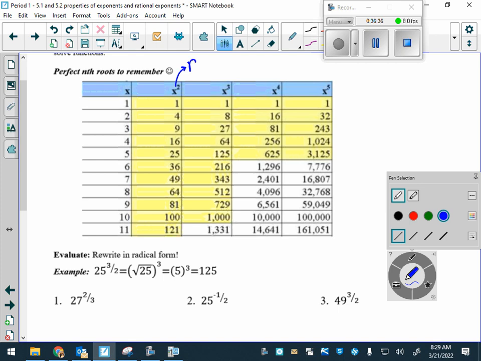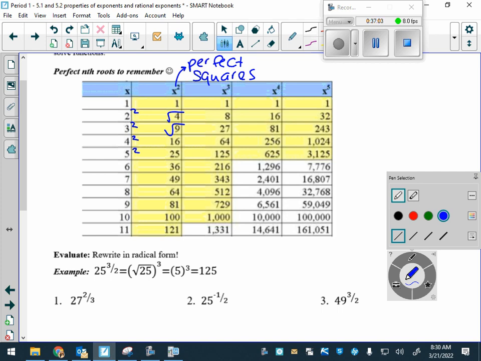So these are your perfect squares in this first column here. So that means 2 squared, 3 squared, 4 squared, 5 squared. Okay? So when I take the square root, remember the denominator is 2, square root of 4 is 2, square root of 9 is 3. Okay? Those are your perfect square roots.